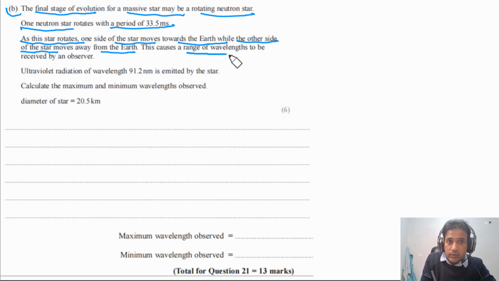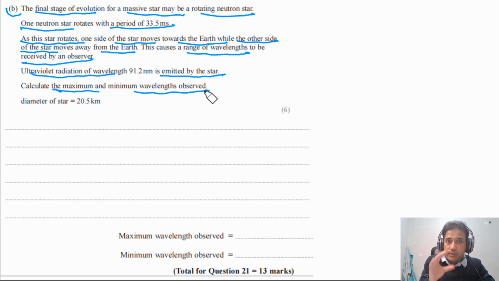This causes a range of wavelengths to be received by an observer on our planet. Ultraviolet radiation of wavelength 91.2 nanometers is emitted by the star. This radiation is emitted by the star, but for the observer, the observed wavelength will be different. Calculate the maximum and minimum wavelengths observed.